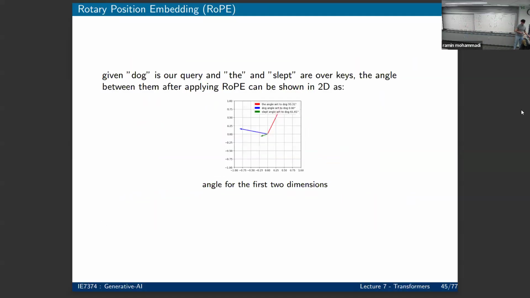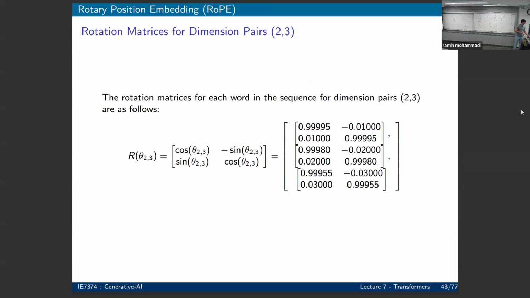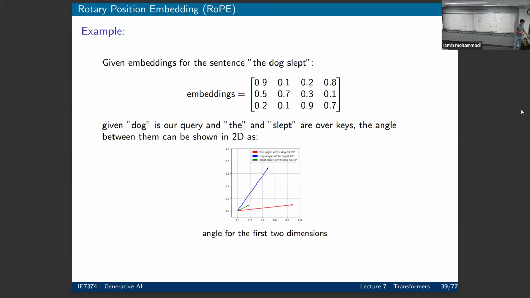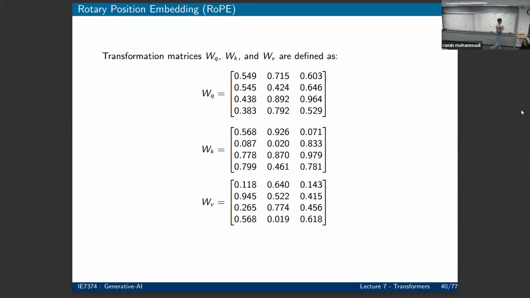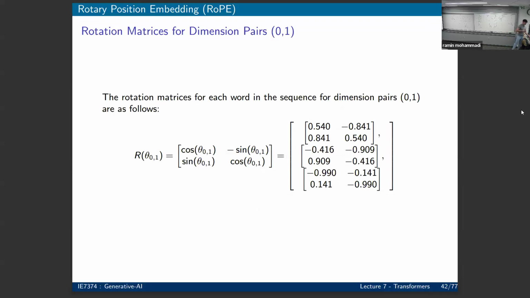In the previous slide, we studied vectors and the angle between two vectors, but then we came up with a hard-coded formula to calculate the angle. So let's talk about it. The technique being used is the rotation matrix.